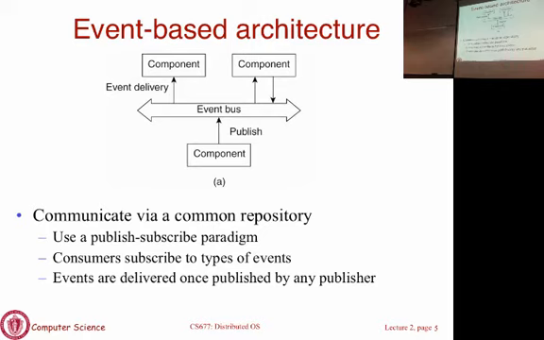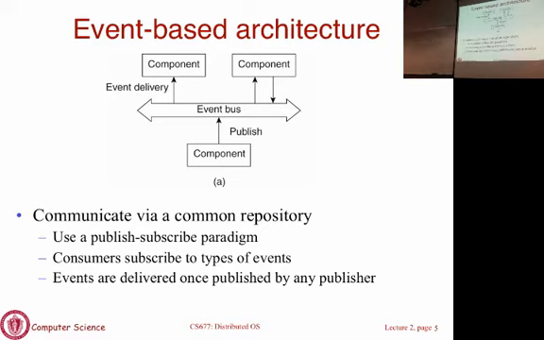Okay. So publish-subscribe is a popular way of writing very large distributed applications. It is somewhat loose coordination because when a component publishes an event, it doesn't specify that you have to send this event to that other component. You simply publish it, and the other component would have subscribed to a certain type of event. And depending on whether there is a match or not, you will deliver it.